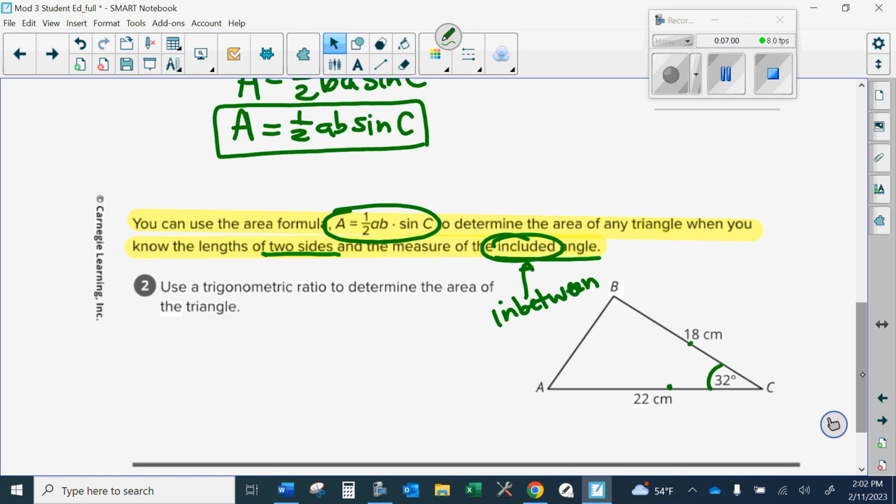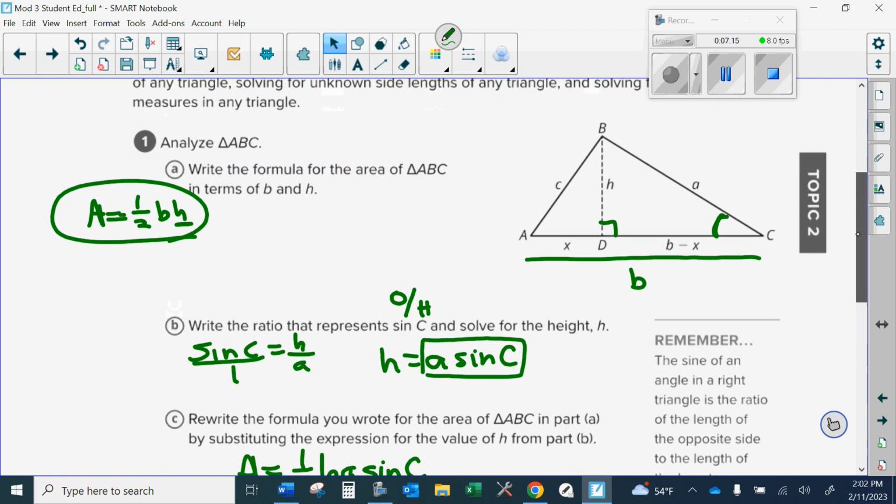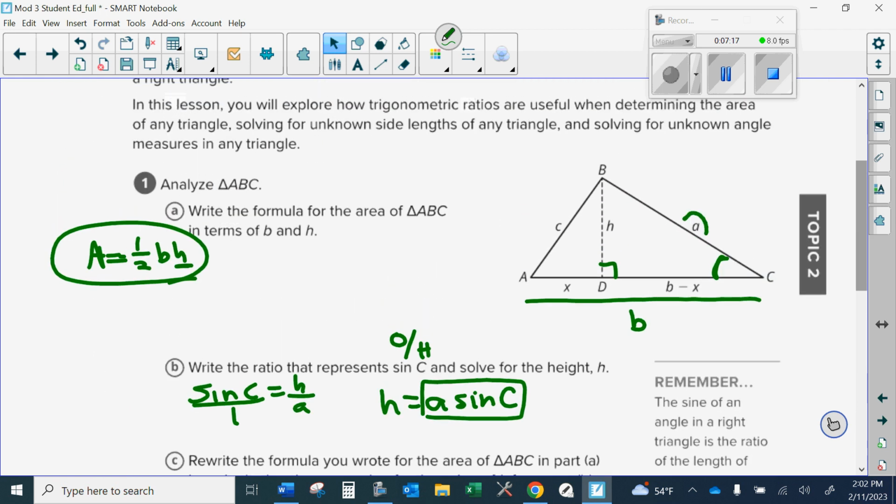Okay, so now we're going to apply that here for number 2. So the area equals 1/2, now, going back up here, where's A? You have to know where A is. A is that side. B is the other side.